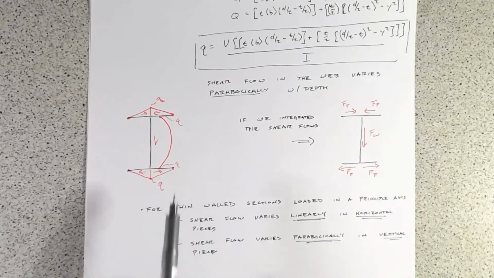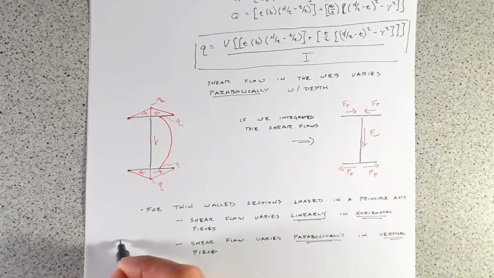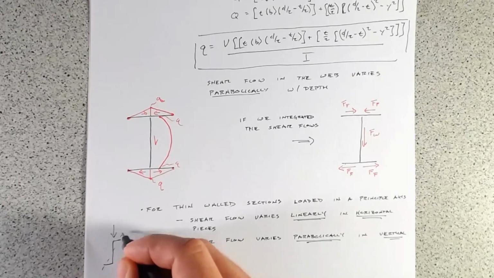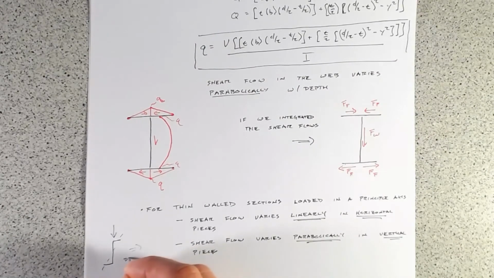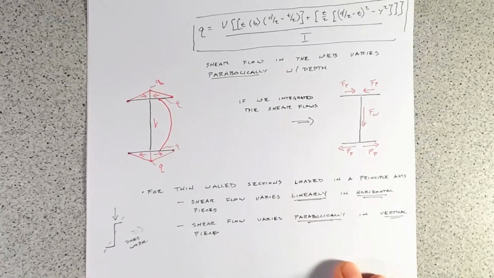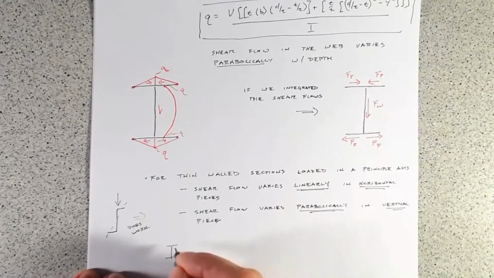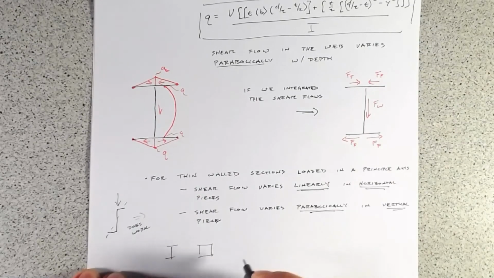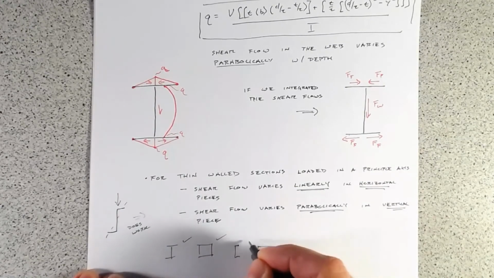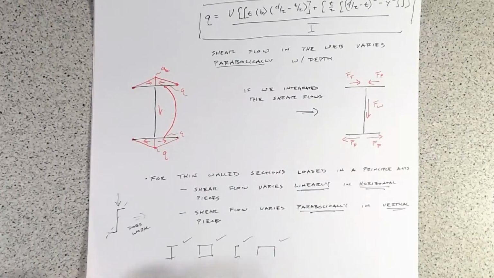This is why you're not going to be able to do this with a Z section, something that looked like this, because the principal axes are here. So that doesn't work. But for an I section, a box section, a channel section, they all work really, really well.